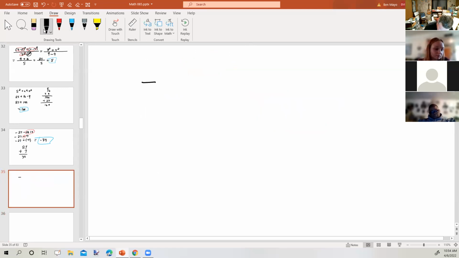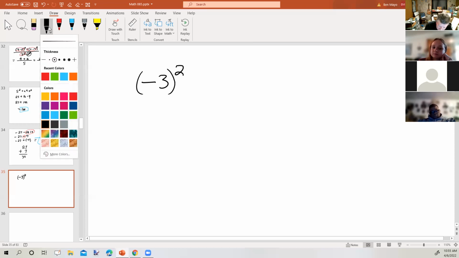What about this? Negative 3 squared. This is an exponential expression. The base is negative 3. It's everything inside the parentheses to which the exponent is attached. The exponent is a 2.